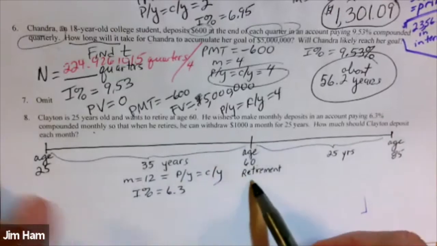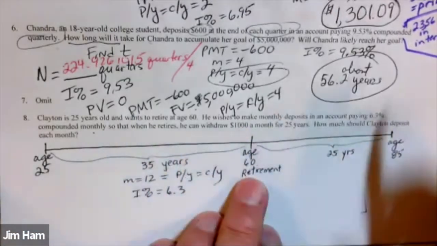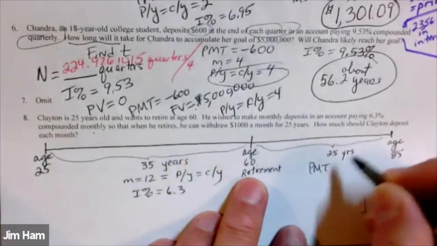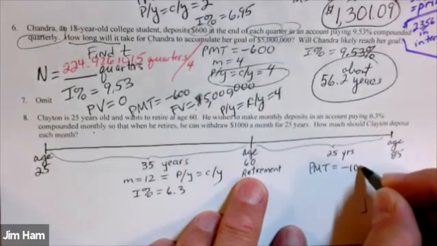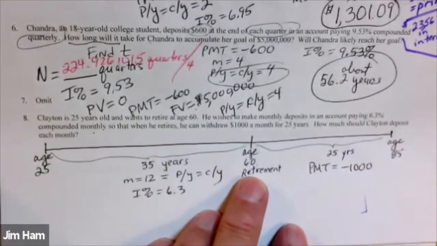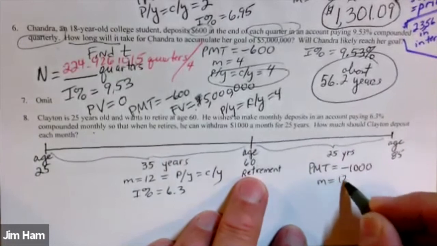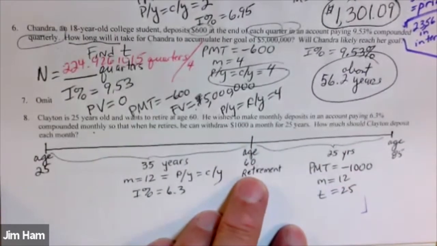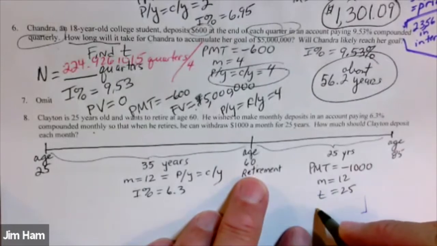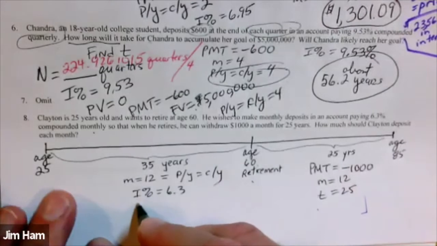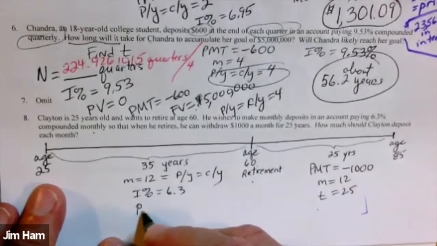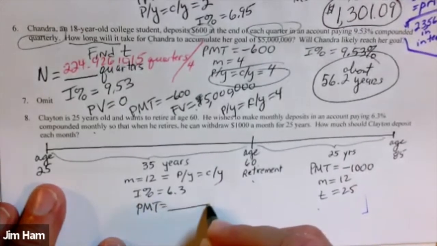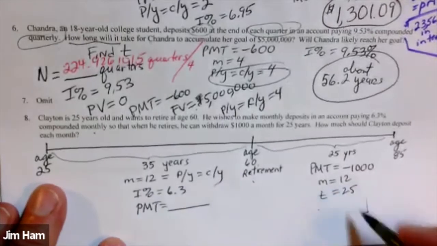Now we're going into retirement, so that when he retires, he can have a payment equal to $1,000 a month for 25 years. And then how much should Clayton deposit here each month? What should the payment be here so that there'll be enough money over here?